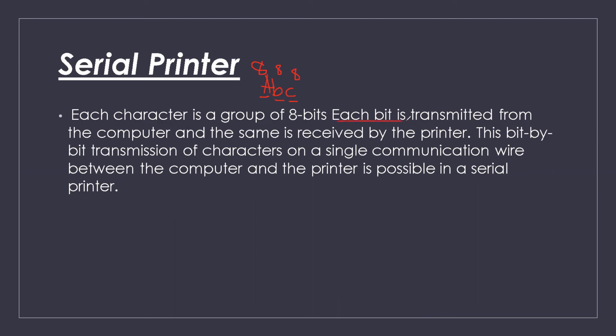Each bit is transmitted from the computer, and the same is received. So there will be a printer. Among these 8 bits, 1, 2, 3, 4, 5, 6, 7, 8, each time one bit is transmitted and the same bit is received by the printer.